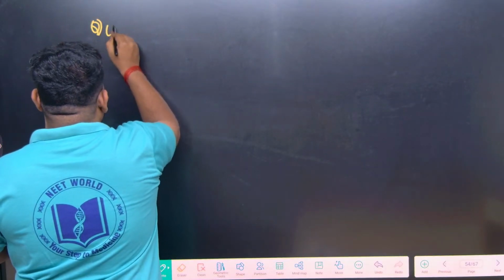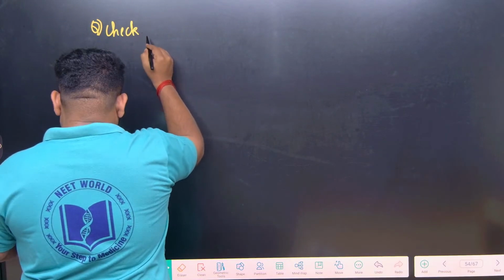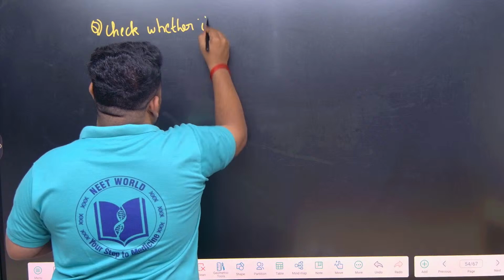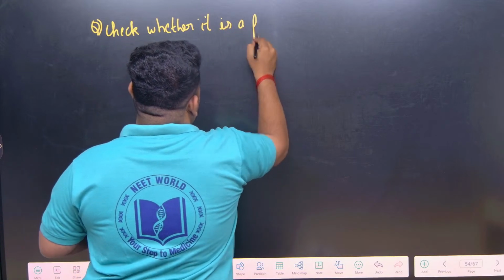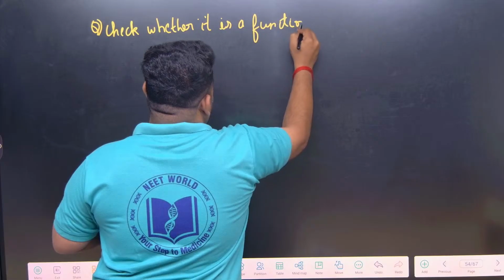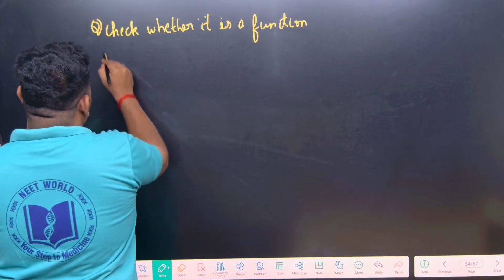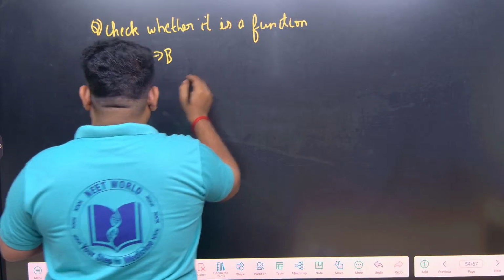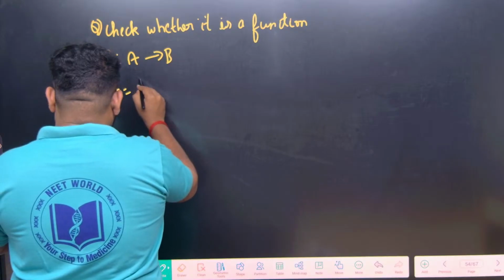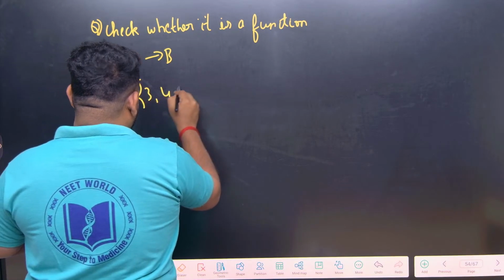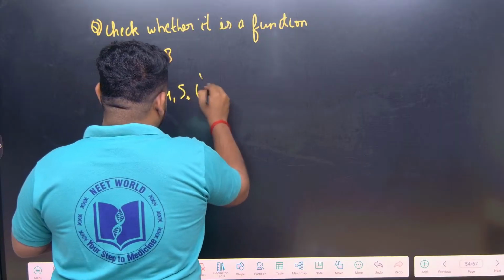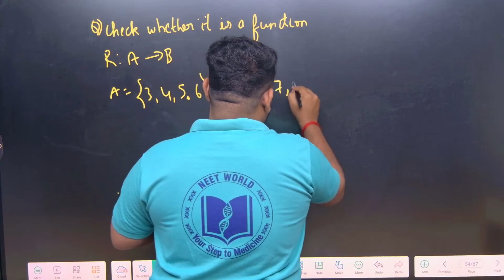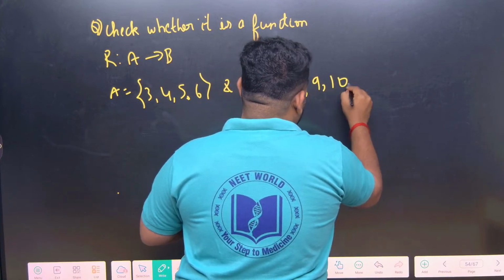Question is, check whether it is a function. It is given a relation from A to B, where set A is given as 3, 4, 5, 6, and set B is given as 7, 8, 9, 10, 11, 12.